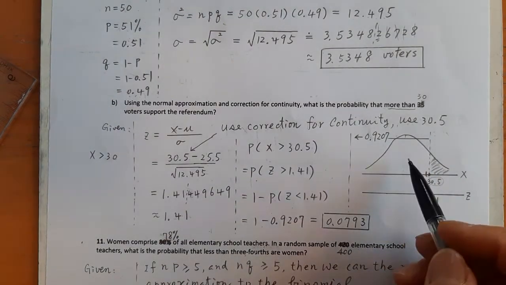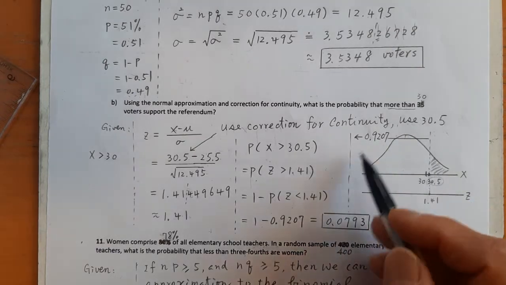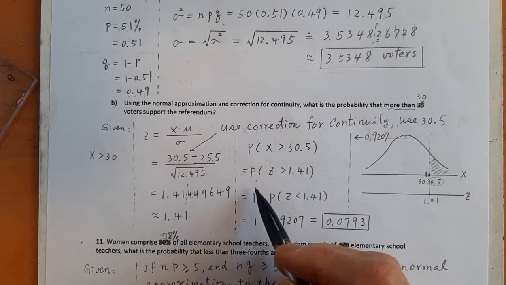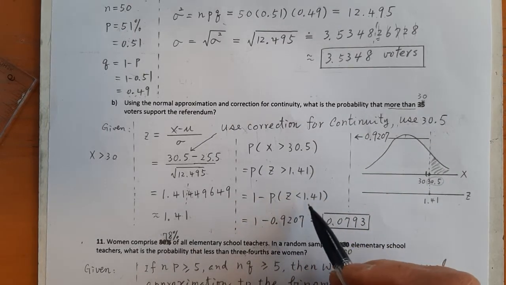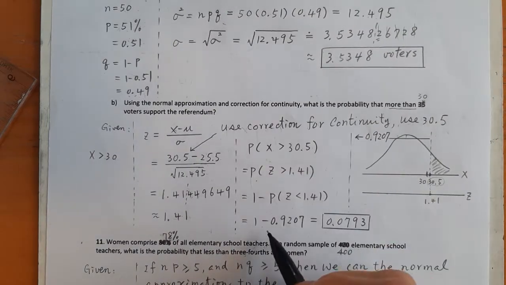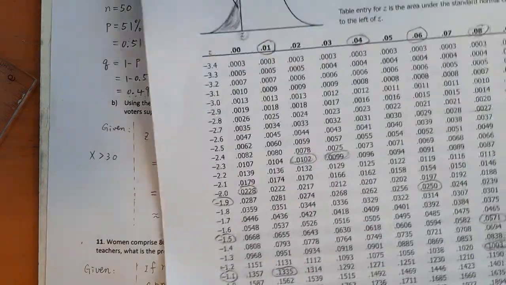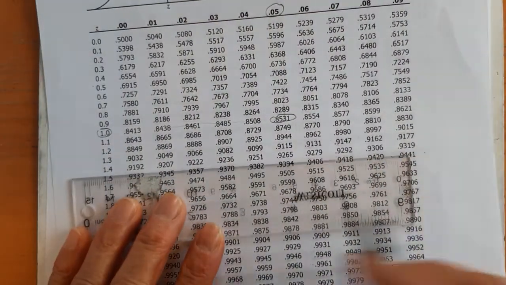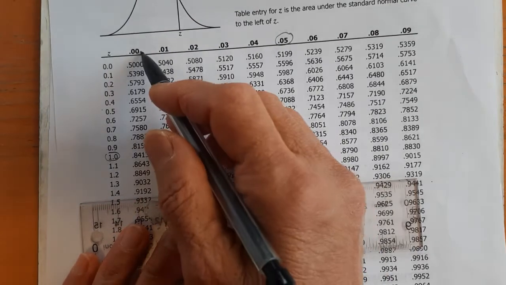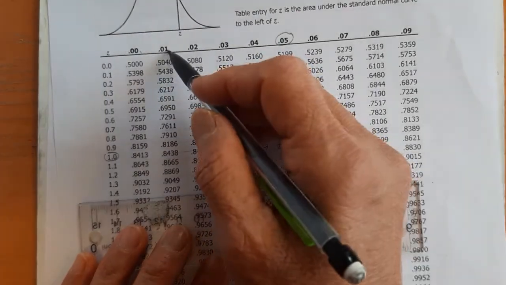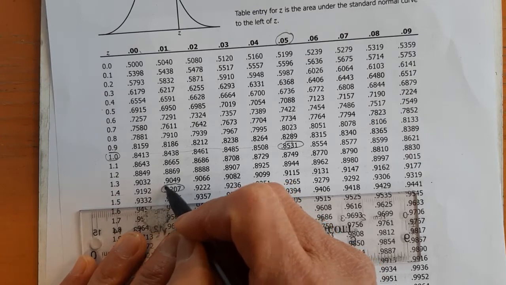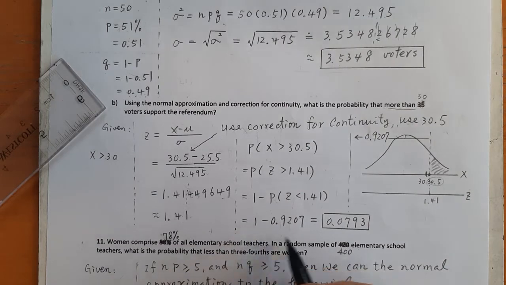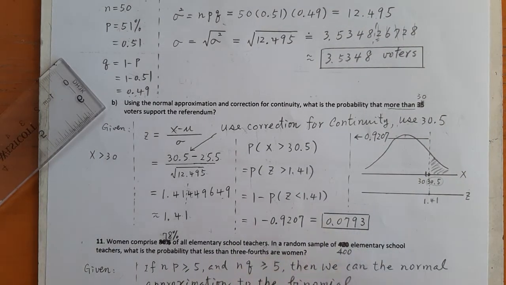Since the table only gives you the area to the left, you subtract it from 1: 1 minus probability of z less than 1.41. Now looking at the table, 1.41 positive. This is 1.40 and this is 1.41. So it's 0.9207. 0.9207 subtract from 1 get 0.0793.